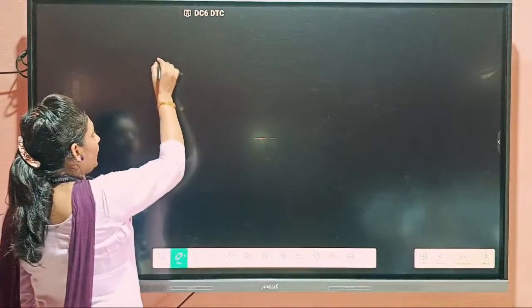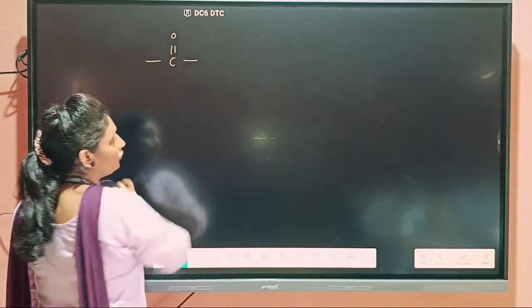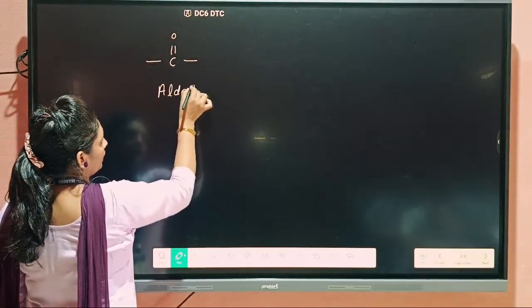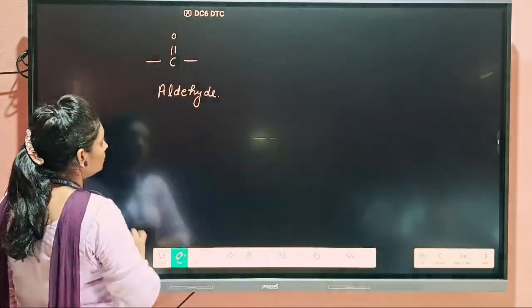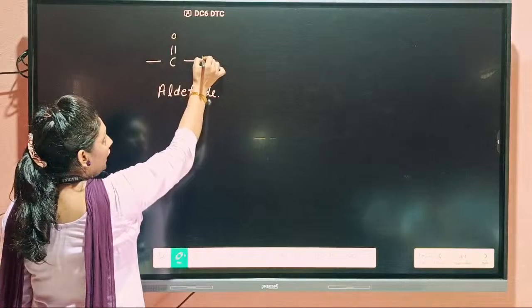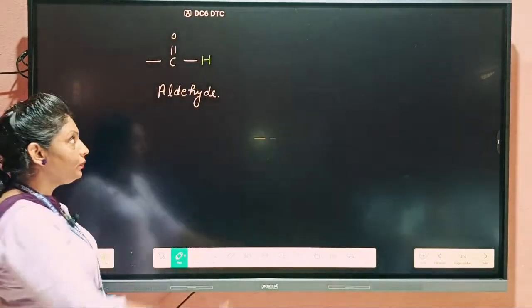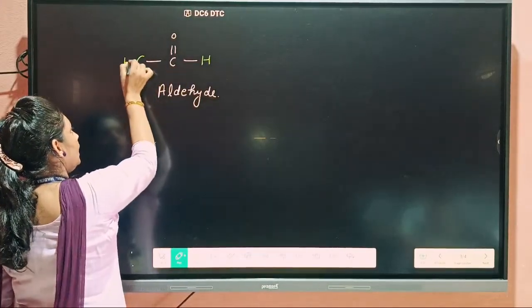If I talk about aldehyde, what will happen? Here one bond of carbon will form with hydrogen and one bond with an alkyl group.